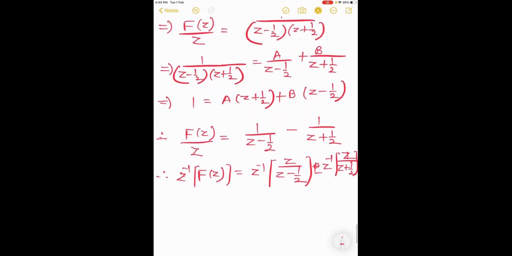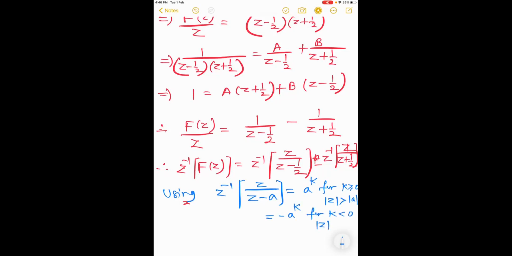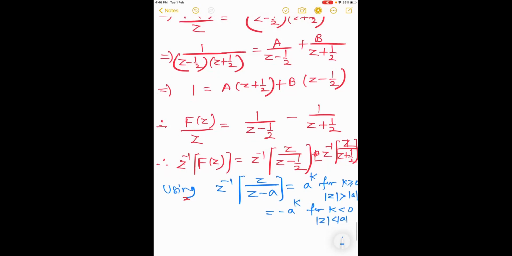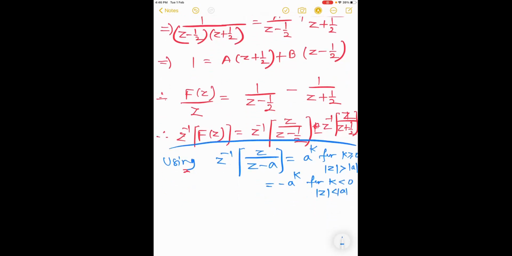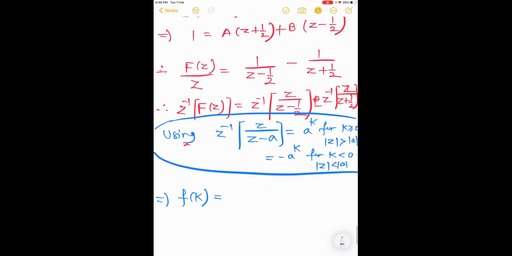And it is once again Z upon Z minus A form. So using Z upon Z minus A inverse transform, which is A raised to k for k greater than or equal to 0 and mod Z greater than mod A. And the answer is minus A raised to k for k less than 0 when modulus of Z is less than mod A. Okay, so keeping this in mind, we'll get the left hand side answer: f of k is equal to inverse transform, that is half raised to k.